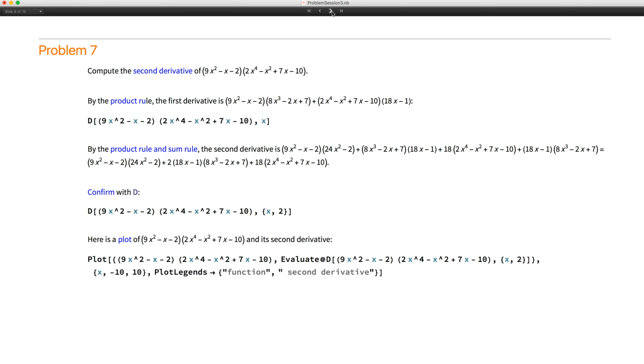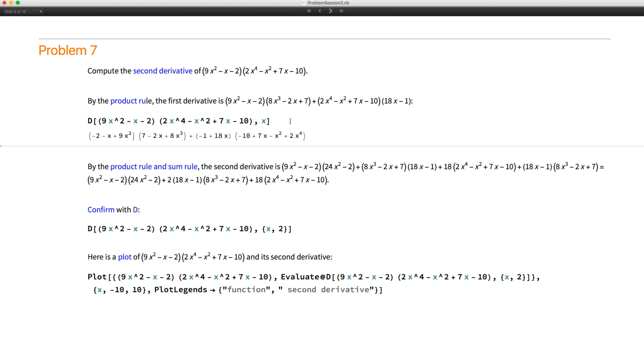Let's go on to number 7, which says find the second derivative of this product. You apply the product rule: first function times derivative of second plus second function times derivative of first. You get the answer, and use D to check.